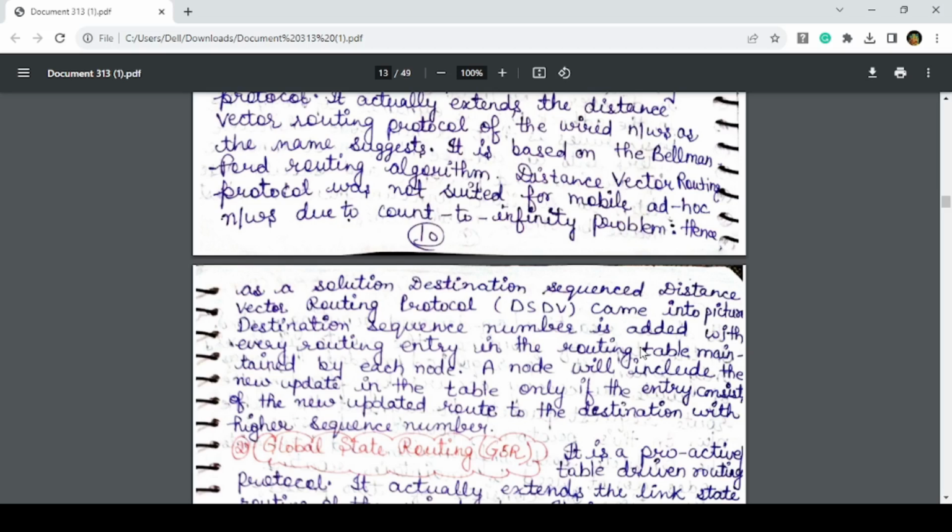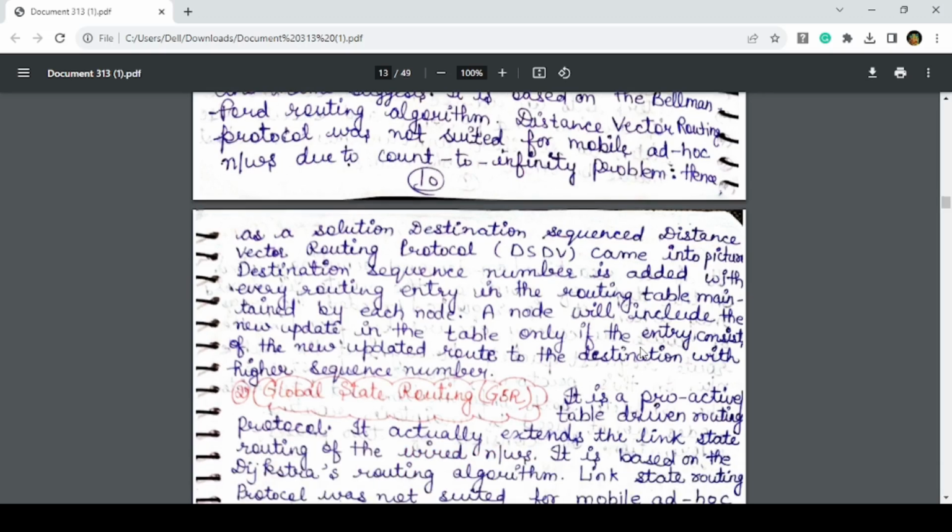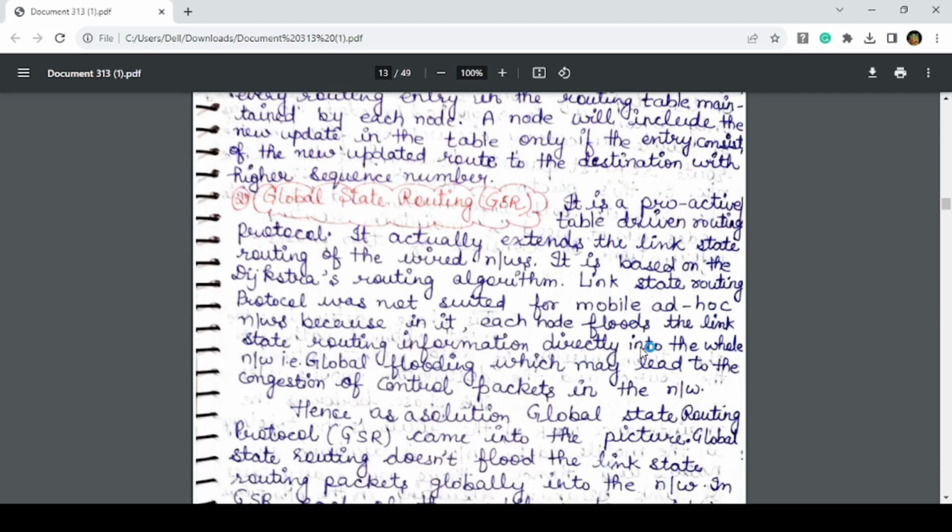A node will include a new update in the table only if the entry consists of a new updated route to the destination with a higher sequence number.